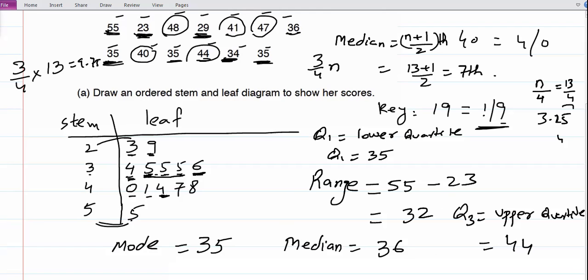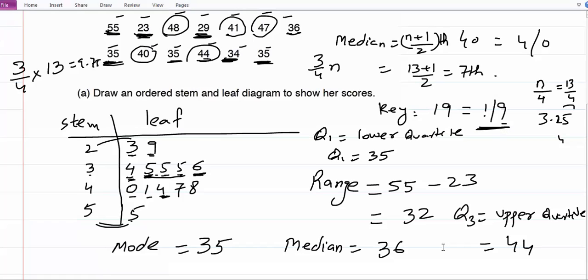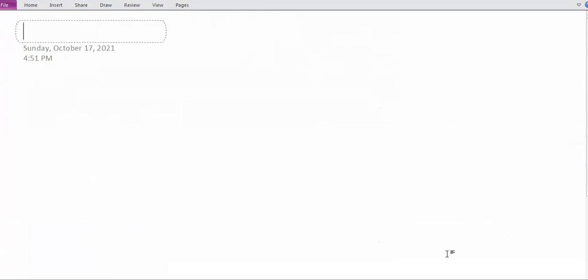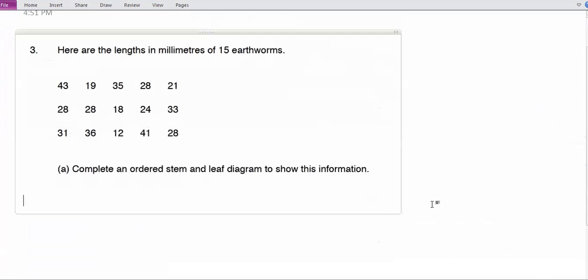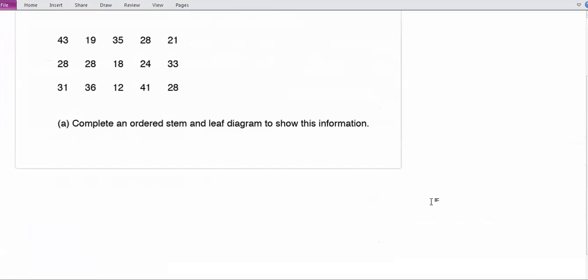Now let me take another example for the stem and leaf, and then we will work it out.